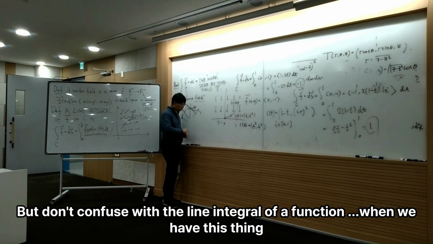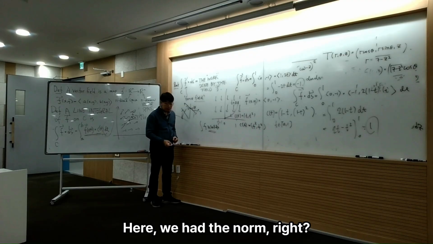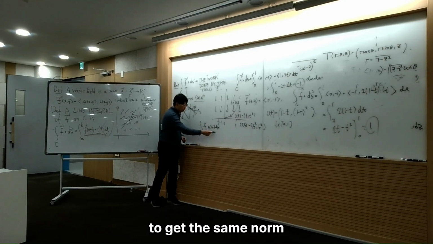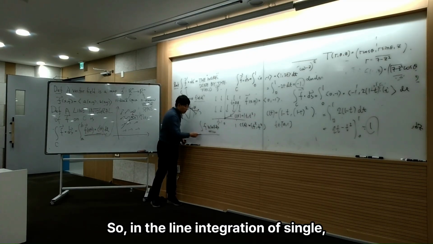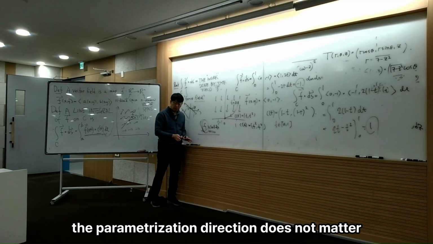But don't confuse this with the line integral of a function, where we had the norm, right? This c prime(t) could be in either direction to get the same norm. So in the line integration of a real-valued function, the parameterization direction does not matter.